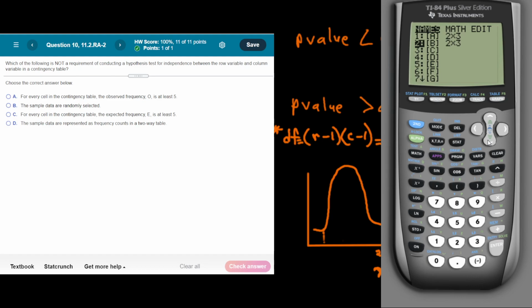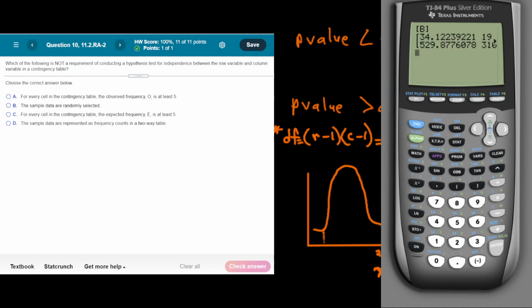It generates a B for us, and if you want to look at it, hit enter one more time. You get this. This is your E, your expected frequency. They actually fill it in for each of them. For those of you who are not taking this specific course, this may not be helpful. That's the matrix that's generated, and those are the corresponding values for the rows and columns.